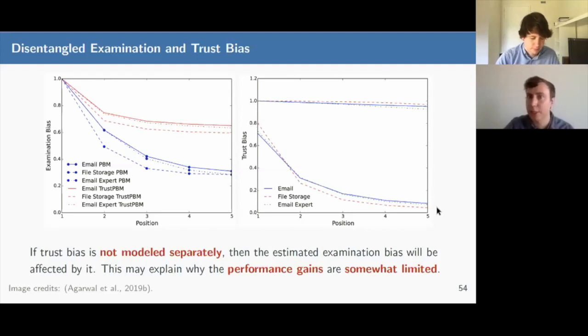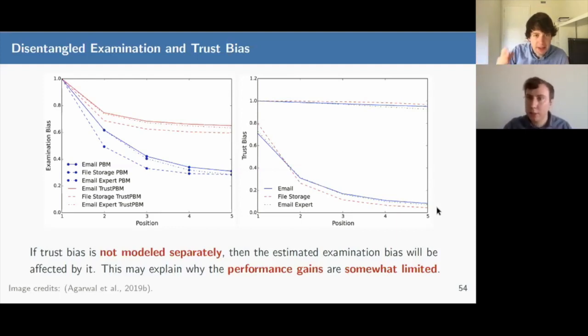So in a sense, this traditional position bias model might be the product of these two without properly decomposing it. The trust bias model is decomposing this into examination and trustworthiness. Right, yes, because both models are trying to explain the same difference, but the position bias model can only change the position bias because it's the only parameter it can learn.